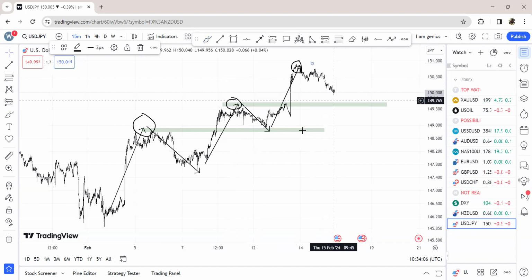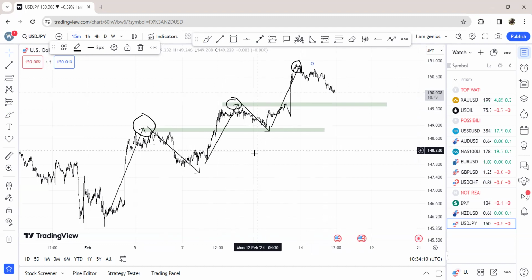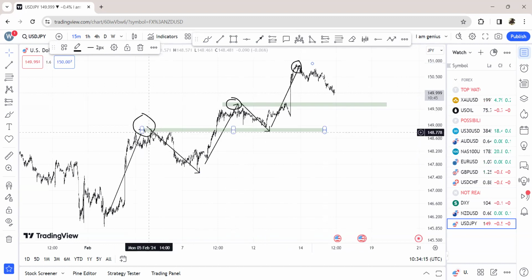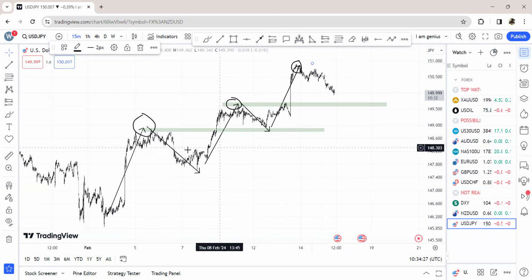As the market is doing that, it's giving you opportunities to trade. How are those opportunities coming about? Remember what I said earlier, whenever the market makes a higher high, it will always strive to go back to that level, which will now act as support. Previously it was resistance, but then it will act as support.